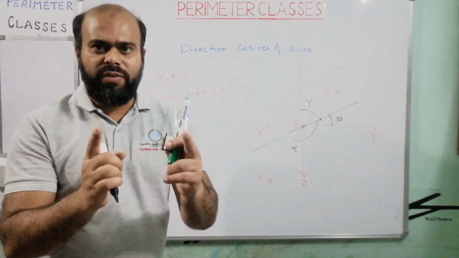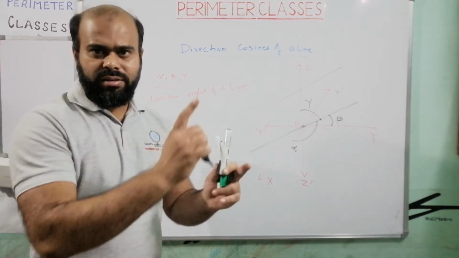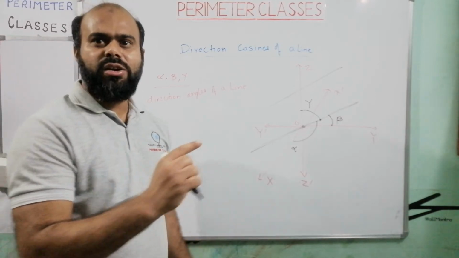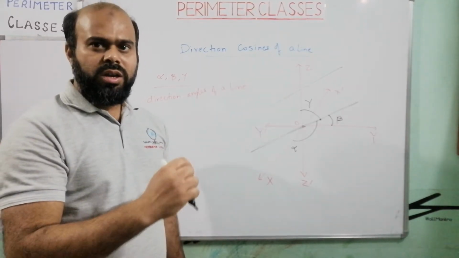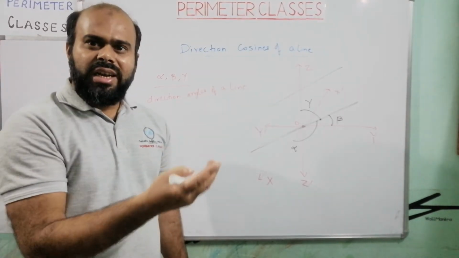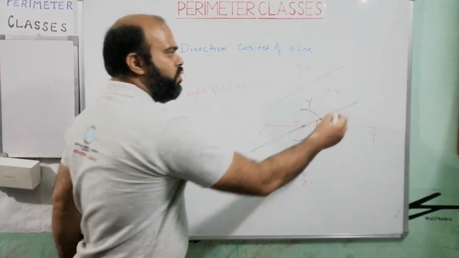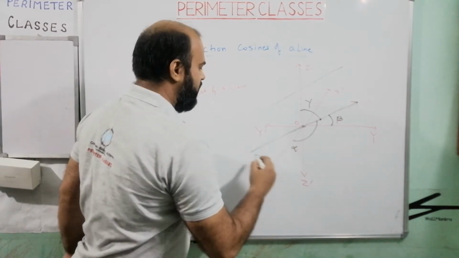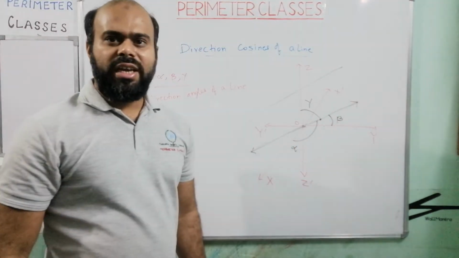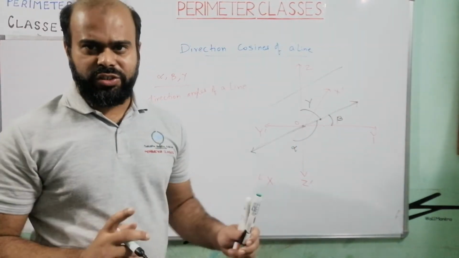It is only a part of a line. There is a ray. A ray is actually pointed towards one direction infinitely. And there is a line which is actually pointed in both directions. So if you rightly draw it, it has two opposite directions.